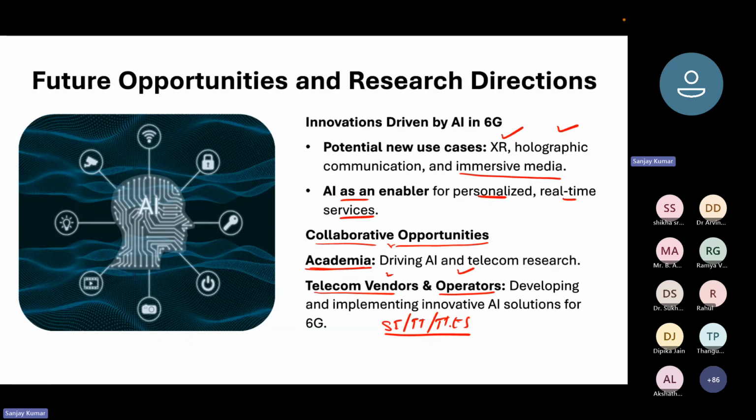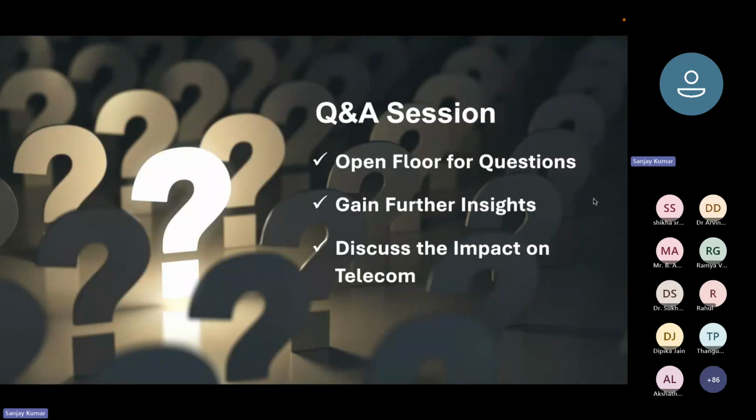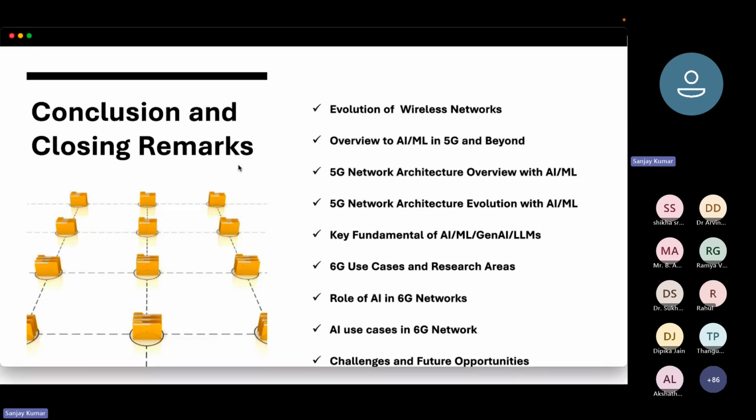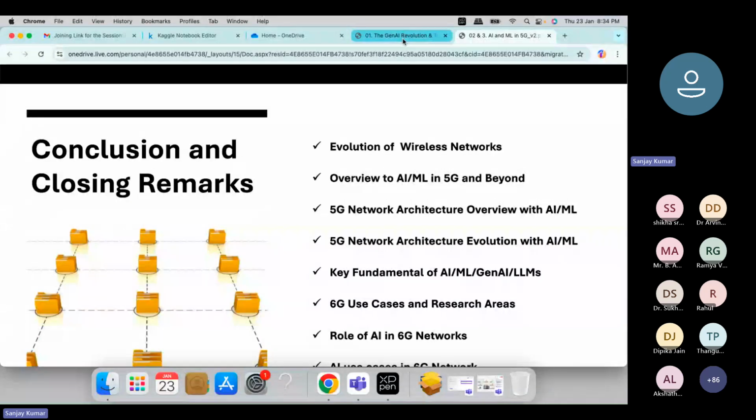I'm sure you must be aware of some of these, like Bharat 6G Alliance. We have CEWiT, Center of Excellence in Wireless Technologies, which is based out of IIT Madras Research Park. Many of these collaborations bring in academia, vendors, operators, everyone together to create solutions for the future. Now, before we move to the question and answer, let me move to the demonstration, and then we will quickly summarize the discussion.